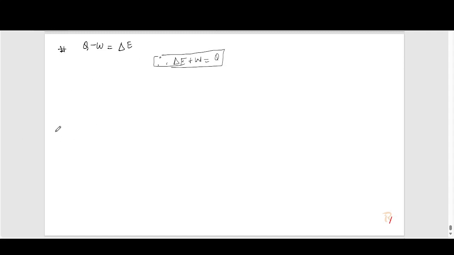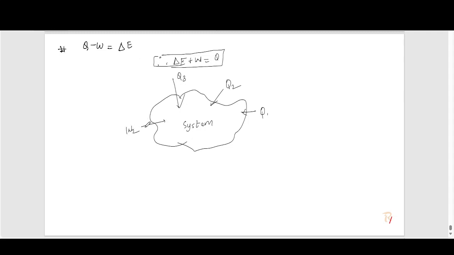Let me take a system, a rigid system. Let me take Q1, Q2, Q3 and work done W2, work done W1, work done W3, work done W4.